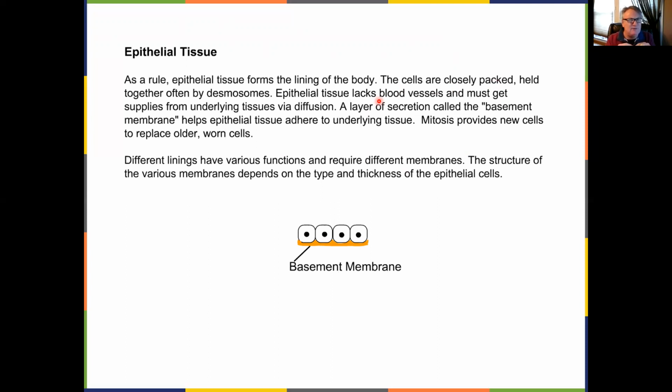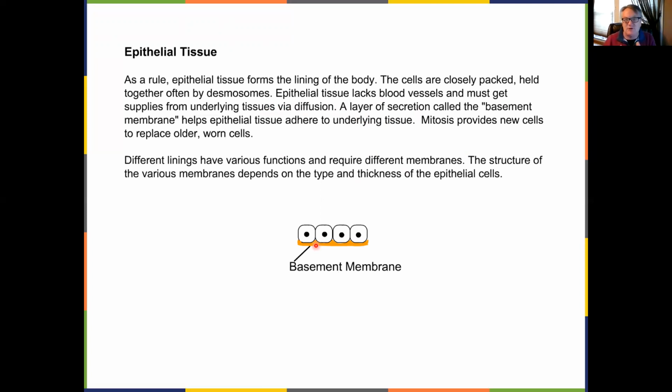So it also means epithelial tissue is always going to be fairly few layers, because all nutrients have to get to them through diffusion from a blood vessel. Therefore, they're not going to be very thick. We also usually have a layer called the basement membrane, which is secreted from these epithelial cells, that is another set of proteins and carbohydrates.